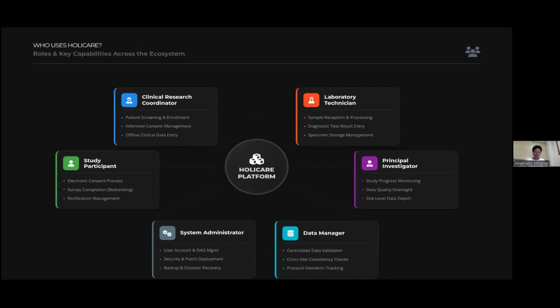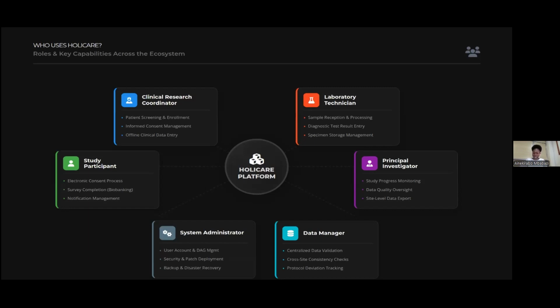The current users of the tool are the lab technicians, who handle sample reception and processing, and also do diagnostic test entry alongside specimen storage management. Then the PI is able to monitor the progress of the study, check data quality, and export site level reports.